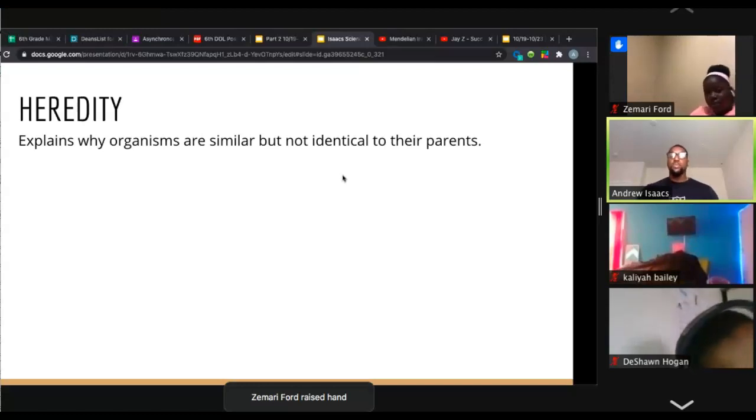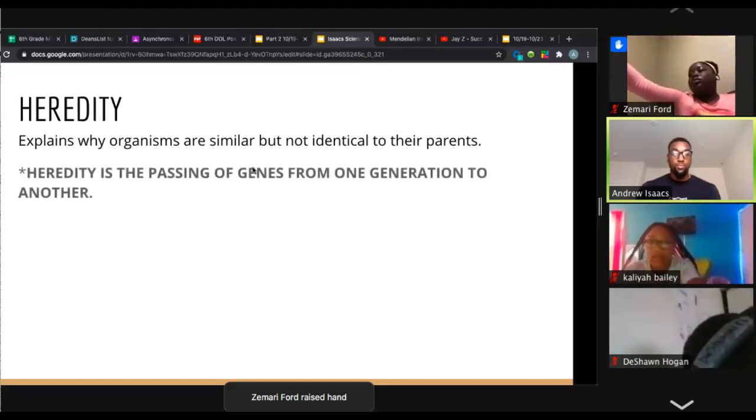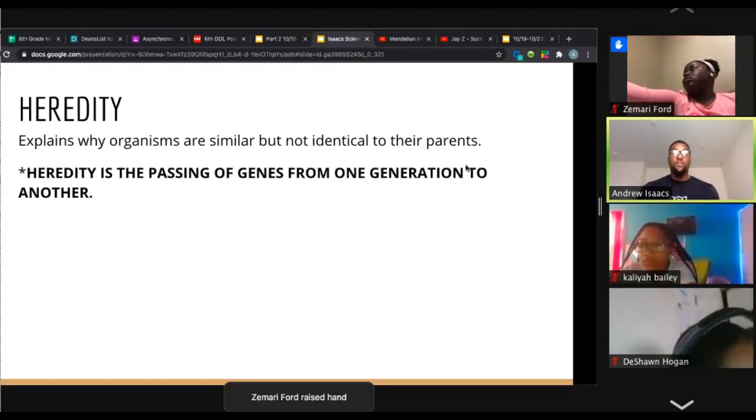So remember last class we talked a little bit about how there's two parent organisms and sexual cells that come together to make a new organism, right? So heredity will explain why organisms are similar but not identical, like how they are versus asexual cells. Okay. So Blake, can you read for me what heredity is?